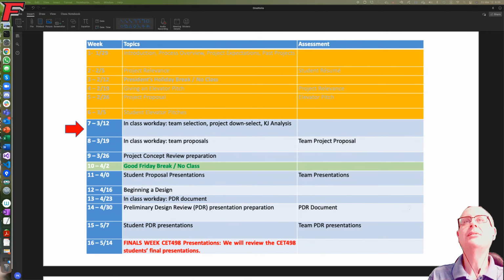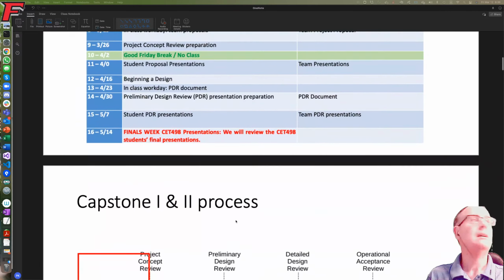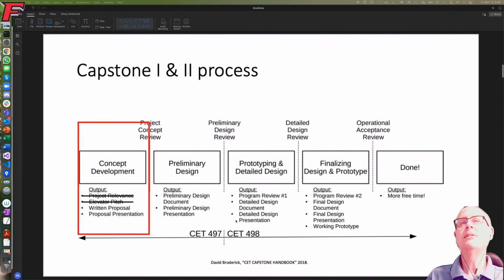Okay, so let's move forward. So where we need to go to next is, like I said, the down select, and the first deliverable that you have after that down select is a written proposal. And I'd call that written proposal a system requirements document.